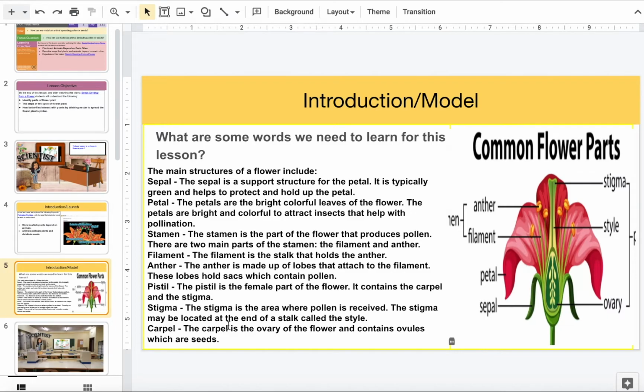The stigma may be located at the end of the stalk called the style. And so right here, this is the style. At the end of the stalk is the stigma. And carpel. The carpel is the ovary of the flower and contains ovules, which are seeds. And so these are the seeds over here, the ovules, and this is the ovary, which is the carpel.